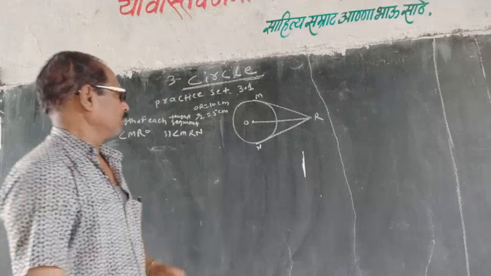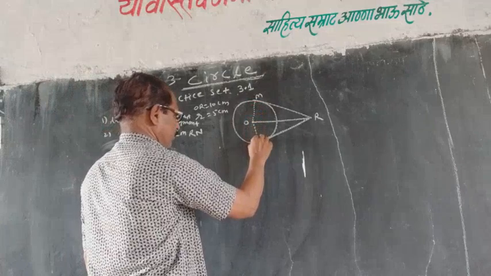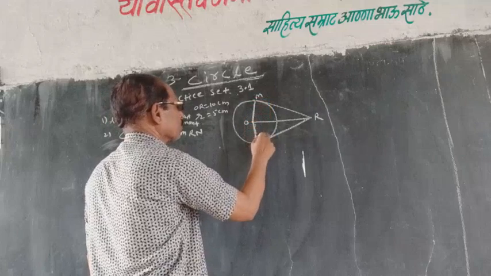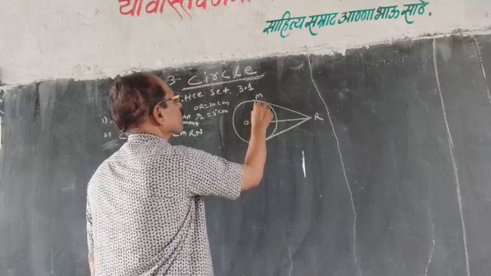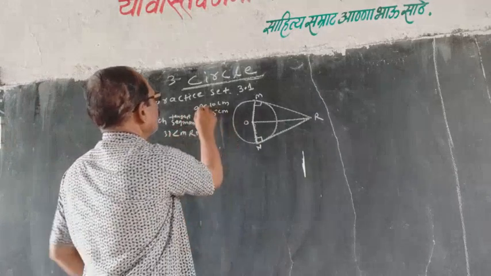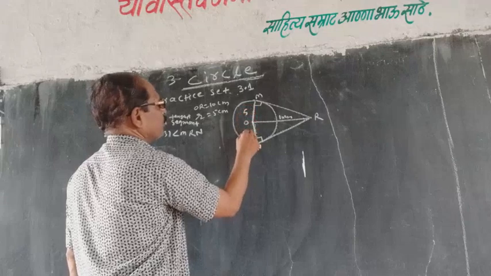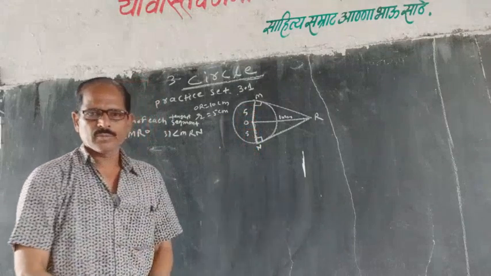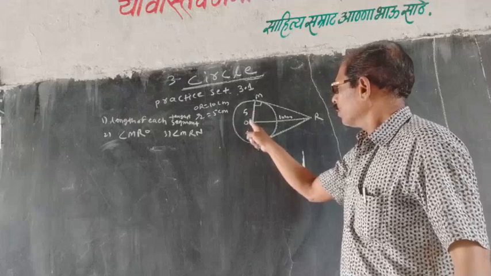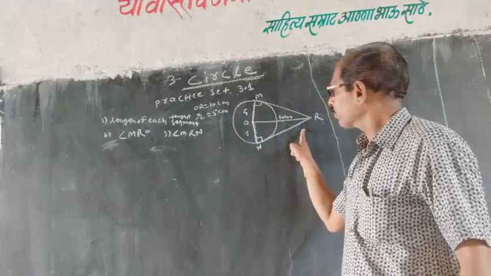We have to solve. Draw a radius. We have been given OR is 10 cm and radius is 5 cm. The triangles OMR and ONR are right angle triangles.